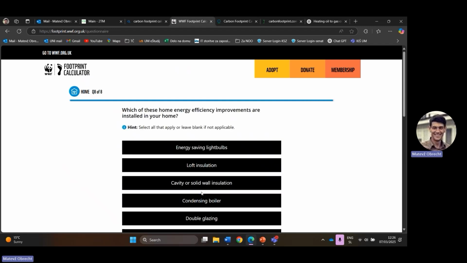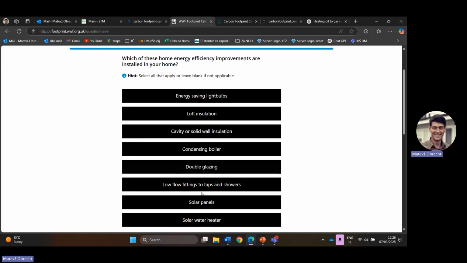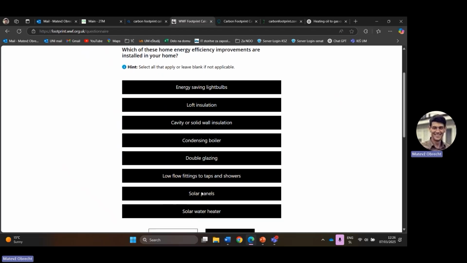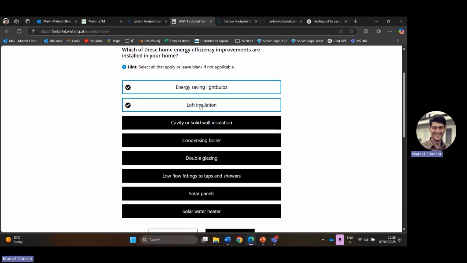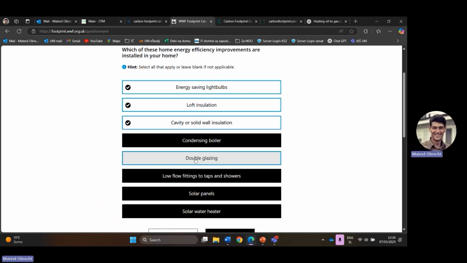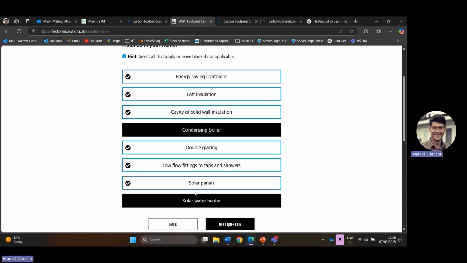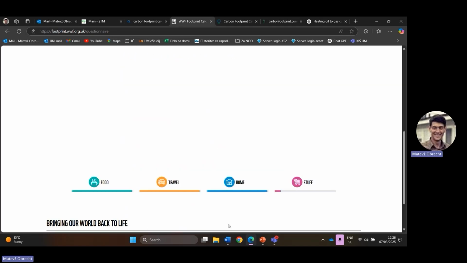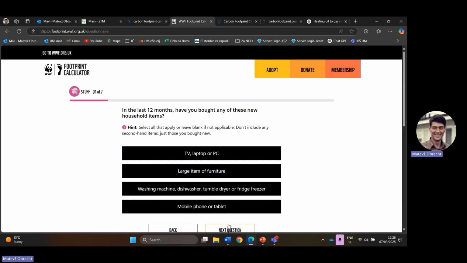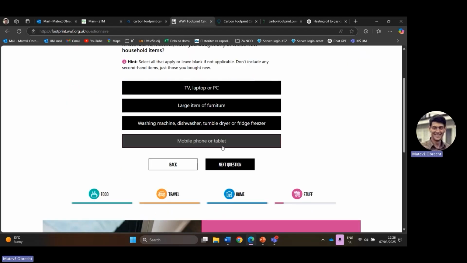And which improvements do you have in your home? I have more or less a new building, so it is more or less everything like that, we can say. So it depends, you just calculate it by yourself, and you can see then what is going on.